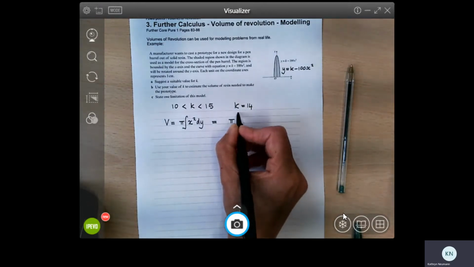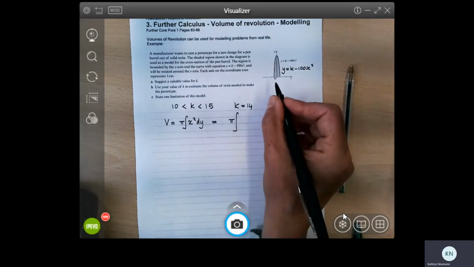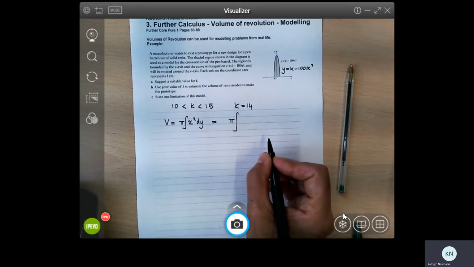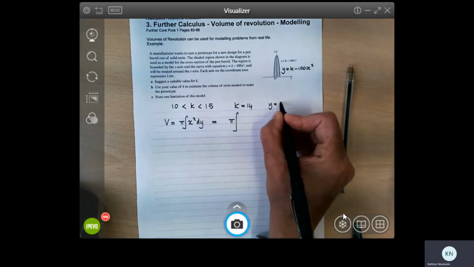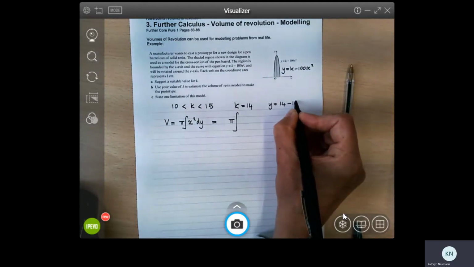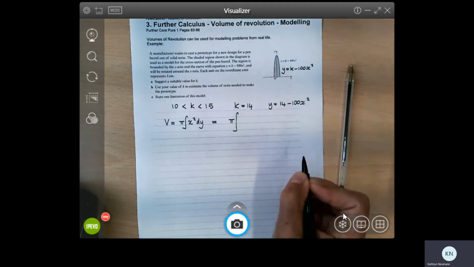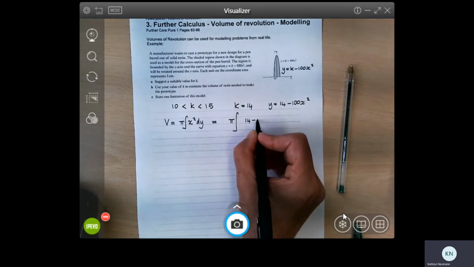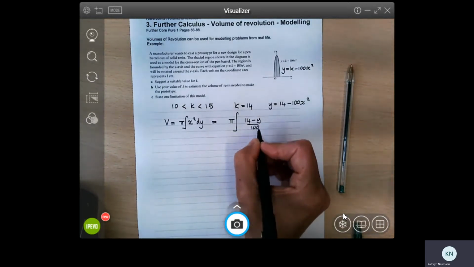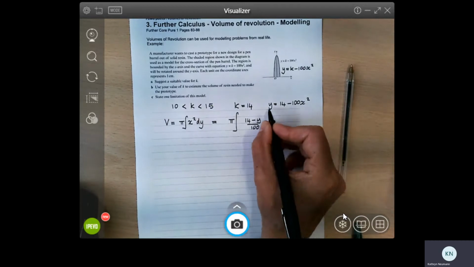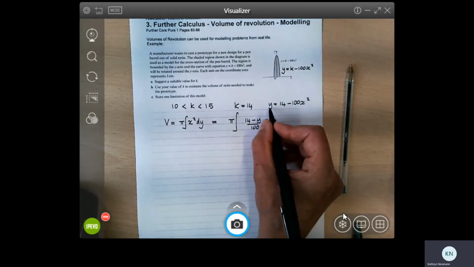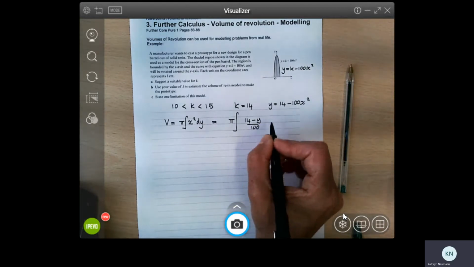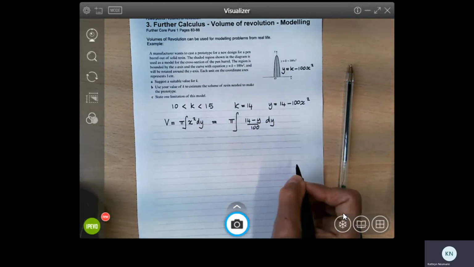We need to rearrange the equation y equals 14 minus 100x squared. So x squared is going to be (14 minus y) over 100. And I'm going to integrate that with respect to y.